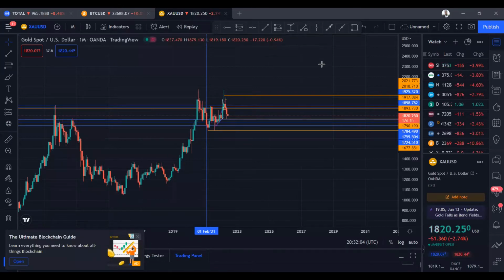Now, you must also be able to project the possible next structure formation of the asset. Whatever asset you are trading, observe what structure or patterns it's probably about to create.